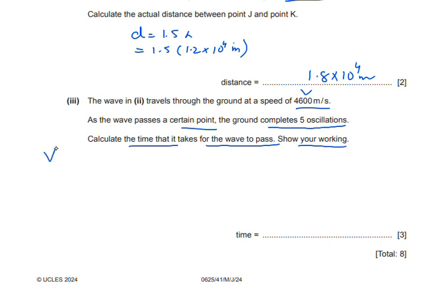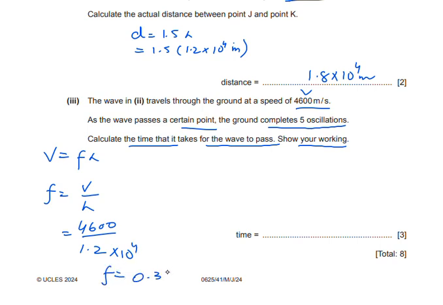We know that v = fλ, and we can find the frequency as v divided by λ. We have v as 4600, and lambda was given as 1.2 × 10^4. So we get the frequency as 0.33 hertz. There is a relation between frequency and time period.